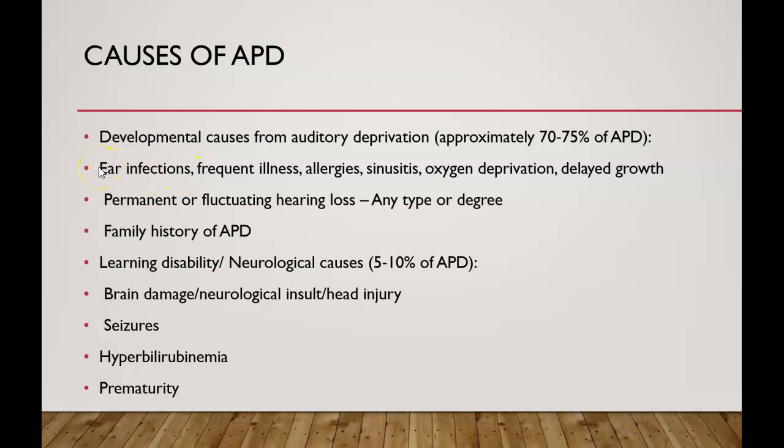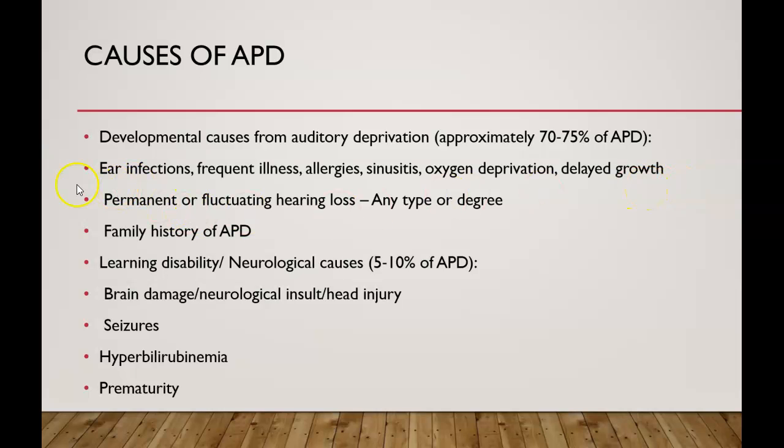So some of those developmental causes are ear infections, frequent illness, allergies, sinusitis, oxygen deprivation, especially at birth, and delayed growth. So about 70 to 75% of people who have been diagnosed with auditory processing disorders have had one or several of these infections, allergies, etc.